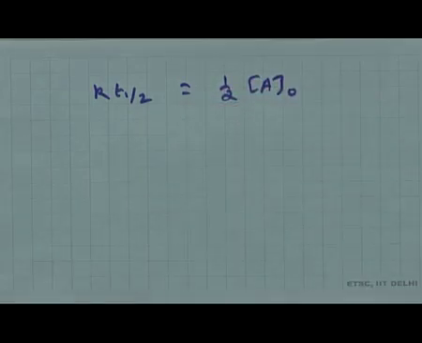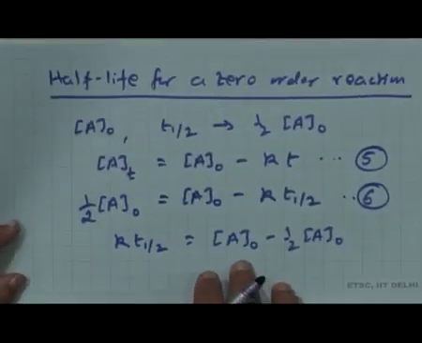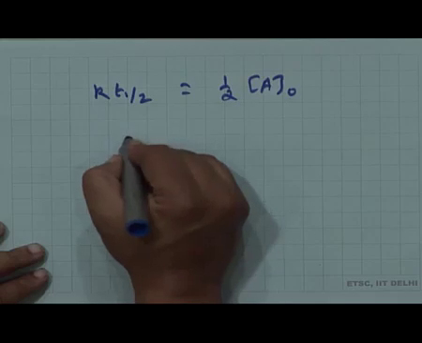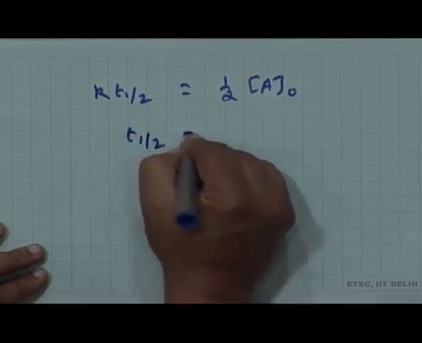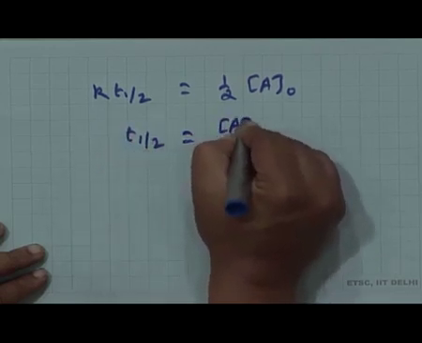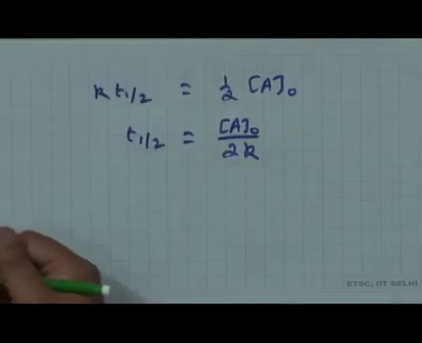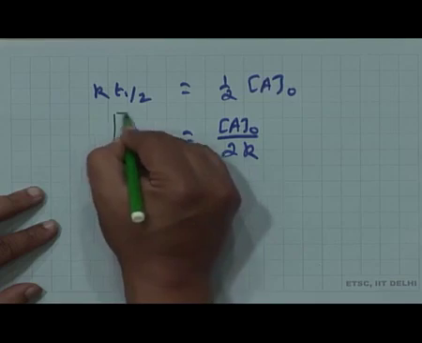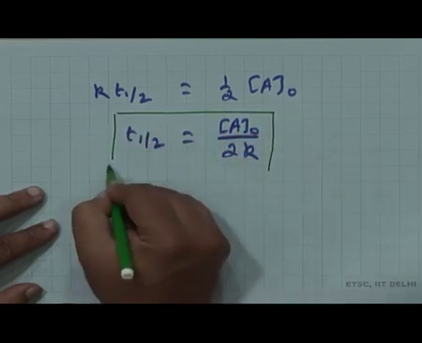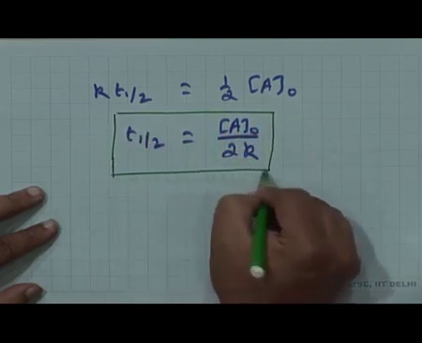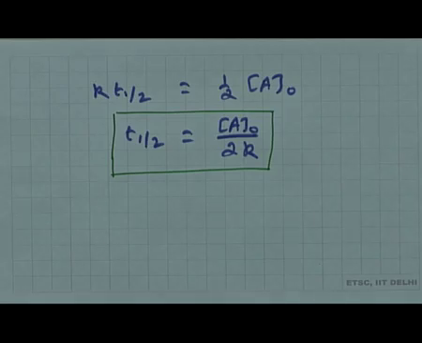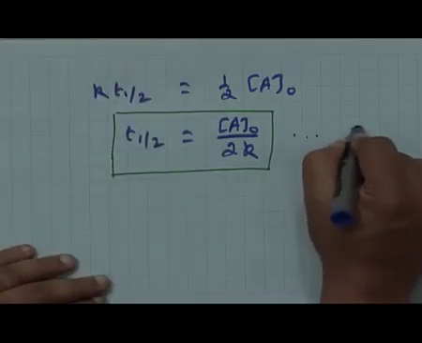A naught minus half A naught is half A naught, and hence t half is equal to A naught by 2 k. So, this is a very important relation for the half life of a zero order reaction.